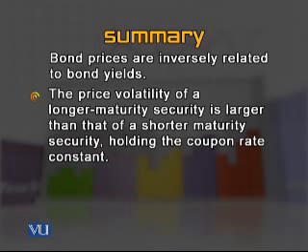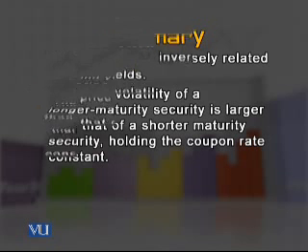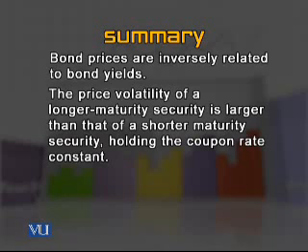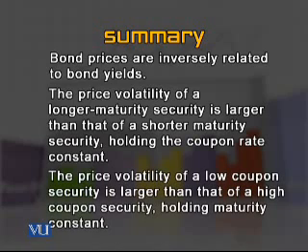Holding the coupon rate constant. You must not get confused; these things will keep coming up. In one place you keep the coupon rate constant in mind, in another place we keep the maturity period constant. Right now, talking about price volatility, the price volatility of a longer maturity security is larger than that of a shorter maturity security, holding the coupon rate constant. We learned that the price volatility of a low coupon security is larger than that of a high coupon security, provided we hold maturity constant.